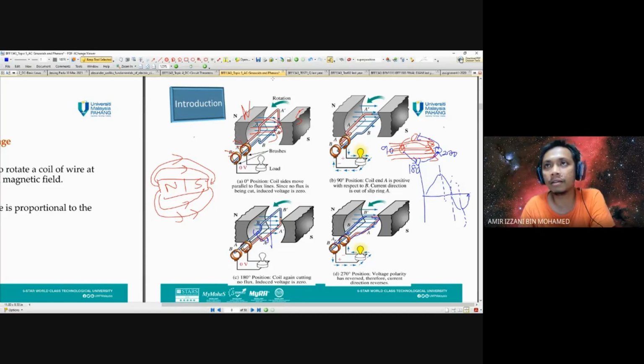Can you understand what I'm explaining here? Try to understand. At the first position, 90 degrees, the magnetic field is this way, from north to south.